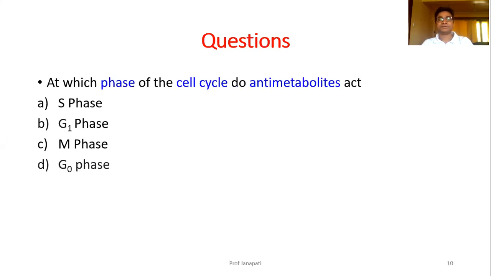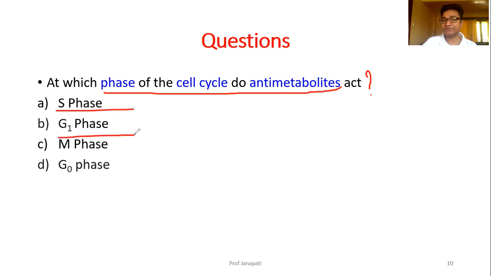Now please go through this question. At which phase of the cell cycle do anti-metabolites act? S phase, G1 phase, M phase, G0 phase. Guess the answer, please.